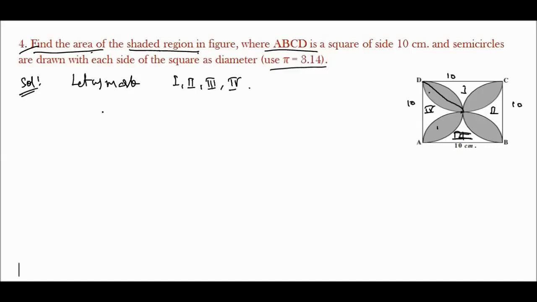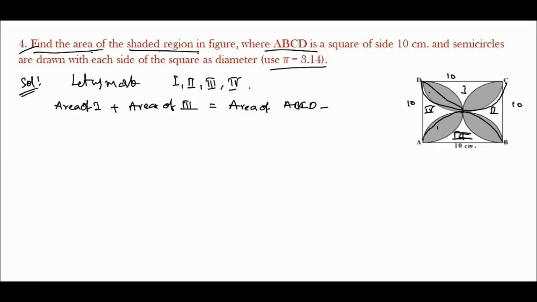Area of the first shaded region plus the area of the third, because there are two semicircles, this one and this one. Area of one shaded region is equal to the area of square ABCD minus the areas of two semicircles with radius 5.